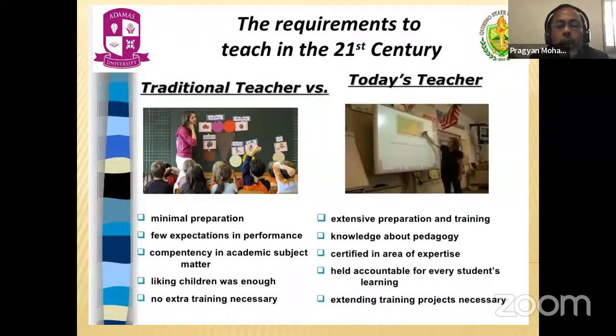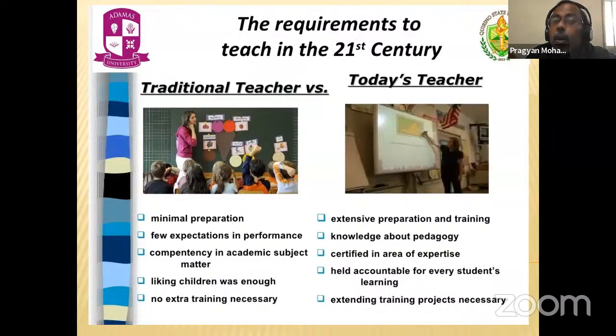Right. Now, automatically, what was required? Only competence in the academic subject matter. That means if the teacher knows the particular subject very well, if the teacher has a very good grasp of the particular content, he was able to teach in the class and make the students understand the particular topic, that's all.